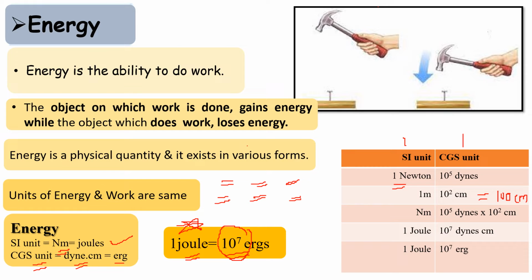Now, Newton meter is basically 1 joule, and 10 to the power 5 into 10 to the power 2 is 10 to the power 7 dyne centimeter. So 1 joule is 10 to the power 7 ergs. This is how we get it. So the relation between joule and erg is 1 joule is 10 to the power 7 ergs, and this you need to remember.